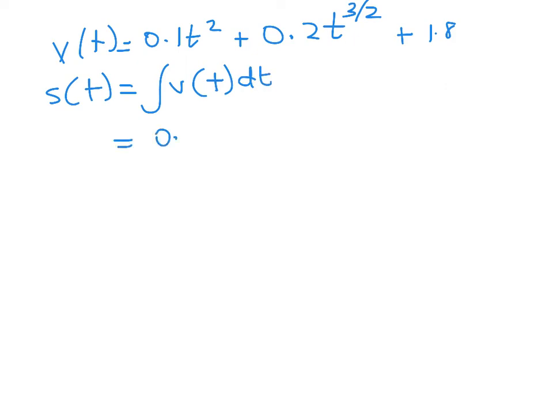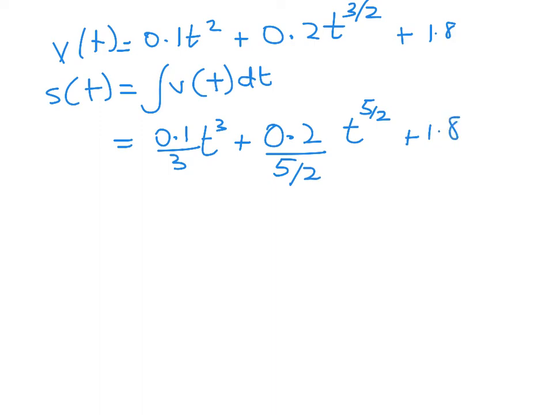So that's going to be 0.1 over 3 t cubed plus, now let's go carefully here, 0.2 t to the 5 over 2, going up a power, but we need to divide by 5 over 2, plus 1.8. I'm breaking my rule here about doing fractions with diagonal lines. If I were doing that on paper, I probably wouldn't. I'm just going to leave this as 0.1 over 3 t cubed.